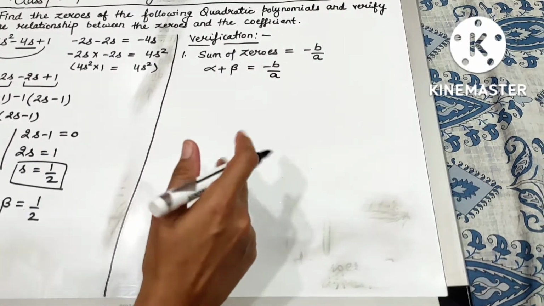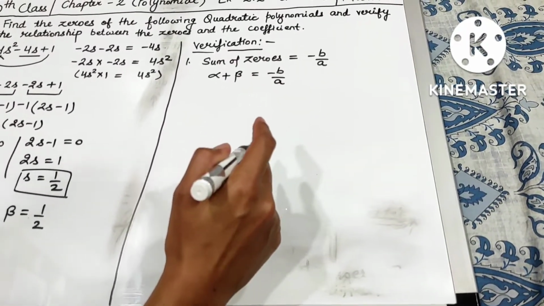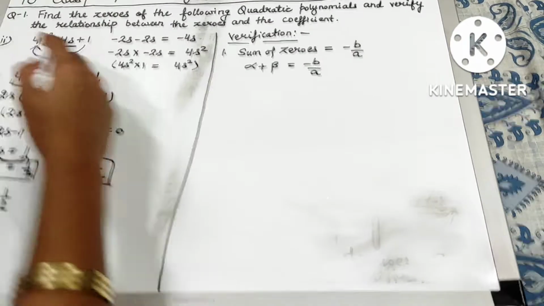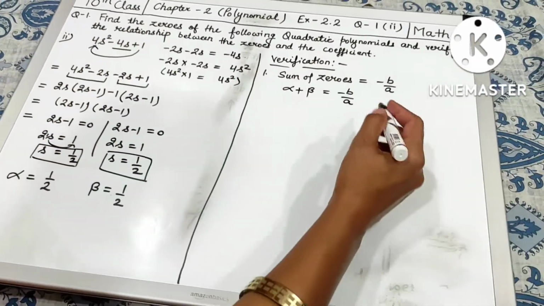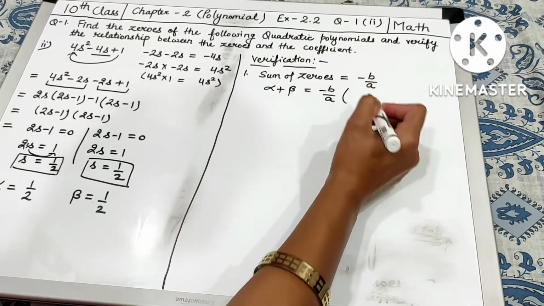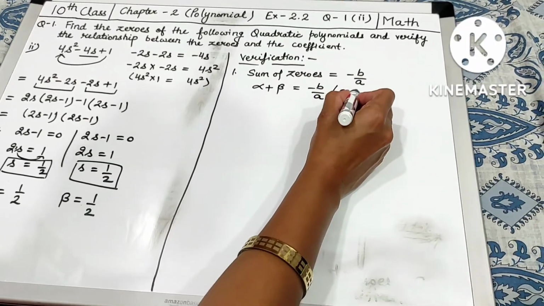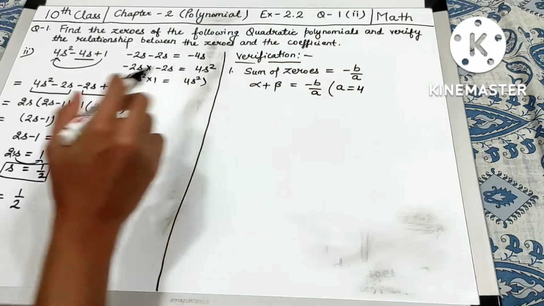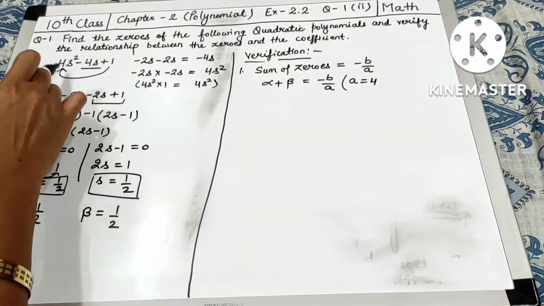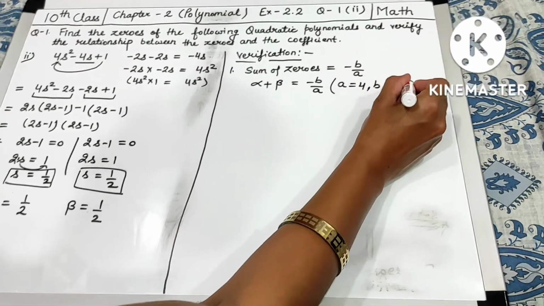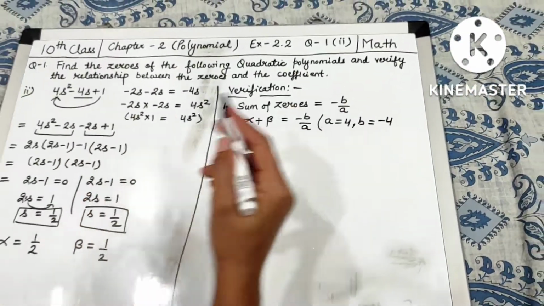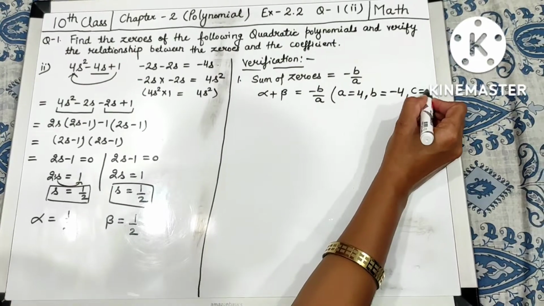And you can find the values of a and b from the quadratic equation. The quadratic equation is 4s square minus 4s plus 1. So I will write here a is equal to 4, which is the coefficient of s square. B is equal to minus 4, which is the coefficient of s only, and c is equal to 1.